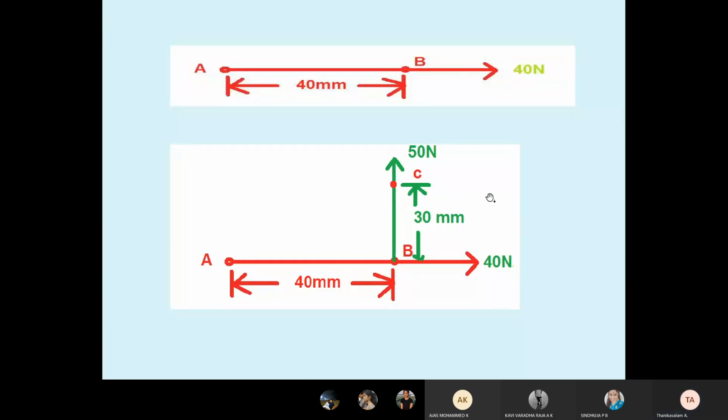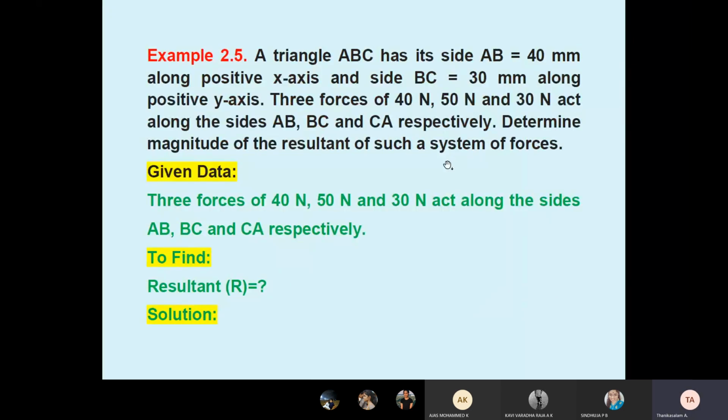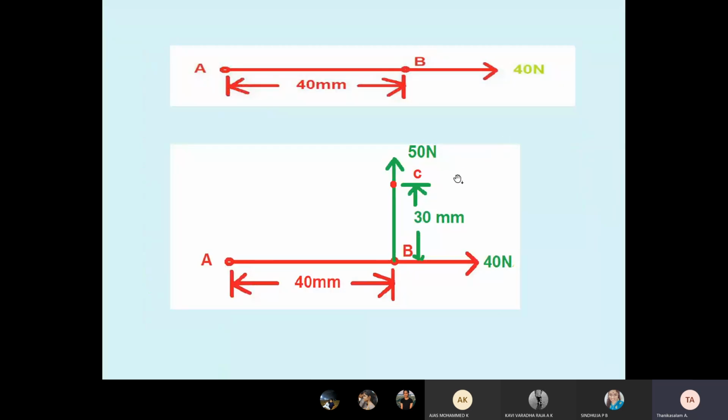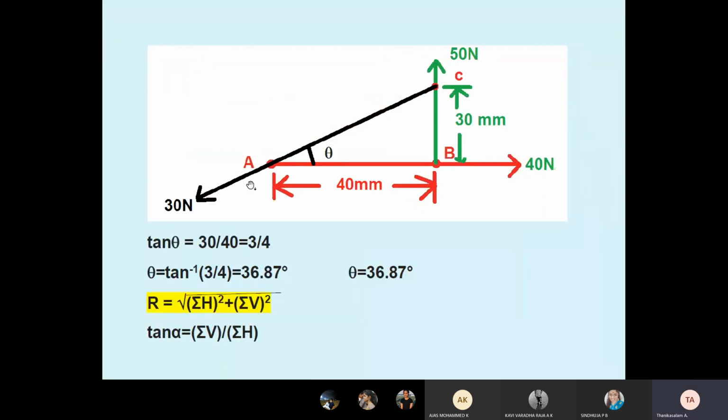And they mentioned CA, the closing side, 30 Newton. This is inclined, so I put a theta here. This theta means the angle of the 30 Newton force, understand?